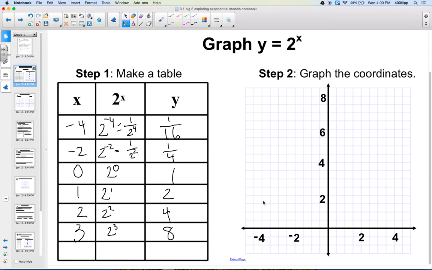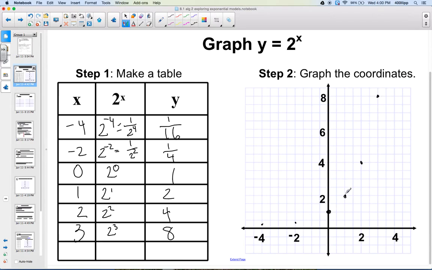We have -4, 1 over 16. That's about right here. -2, 1/4. That's about right here. 0, 1, right here. 1, 2 is about right here. 2, 4, and 3, 8. Okay, so we can see that it's starting to grow very fast.